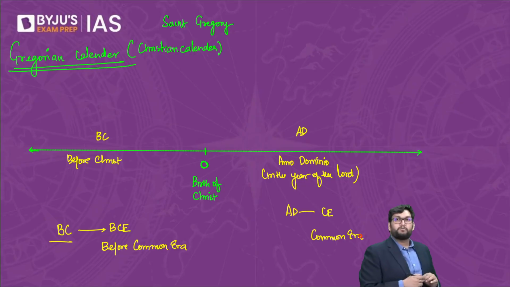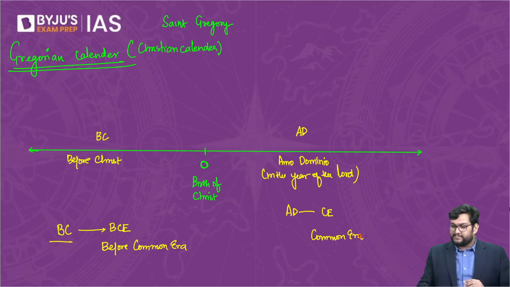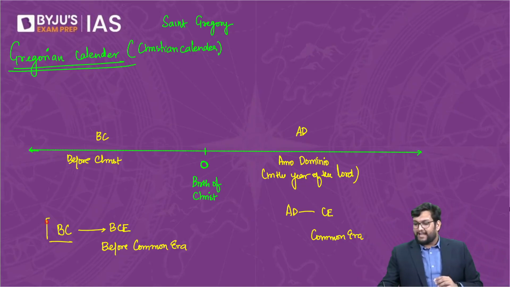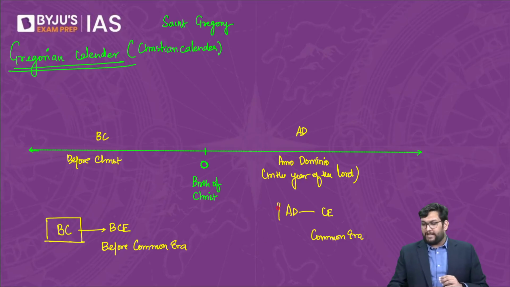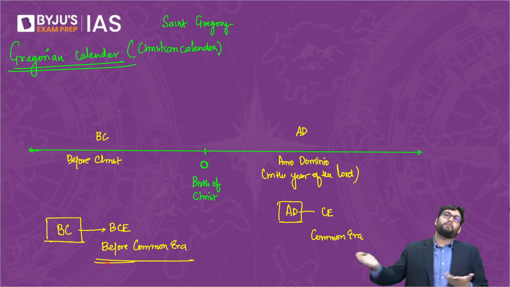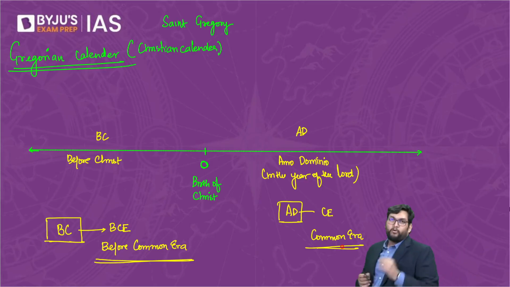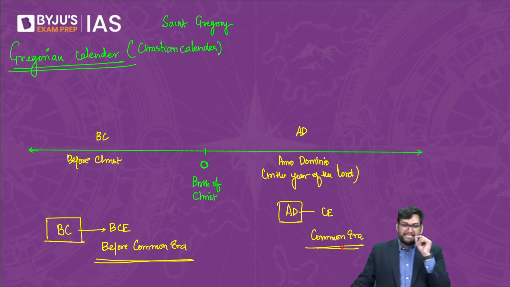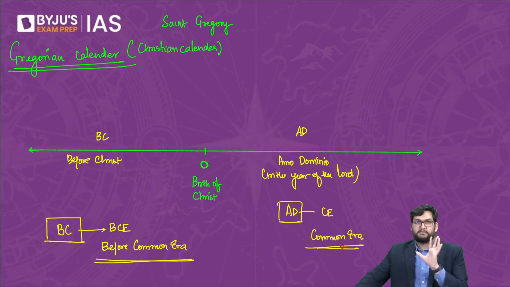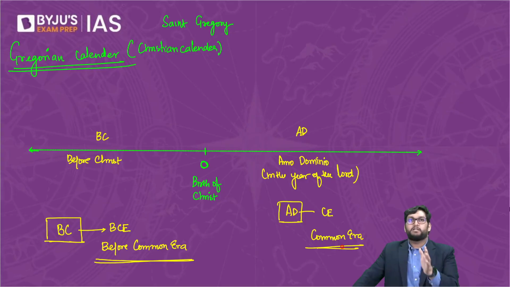They have just removed the religious connotation of time and made it more secular by adding Common Era. Now, I hope that you now understand what this BCE and CE means. It's basically a Christian way of division of time into BCE and CE.